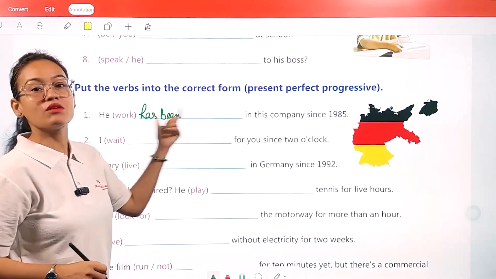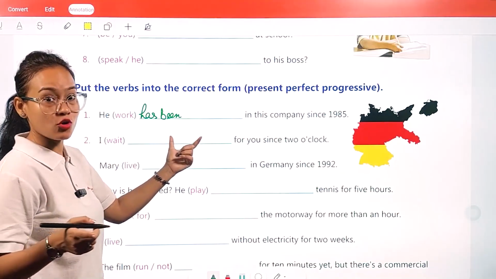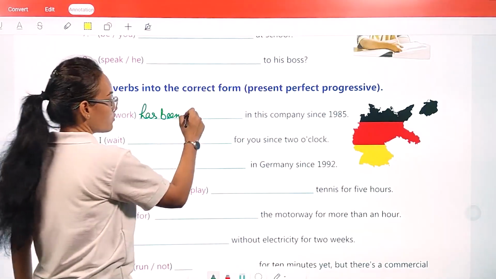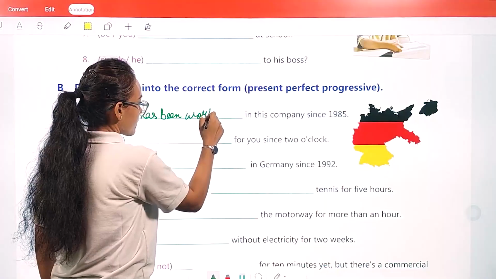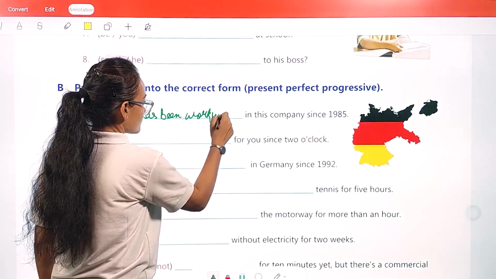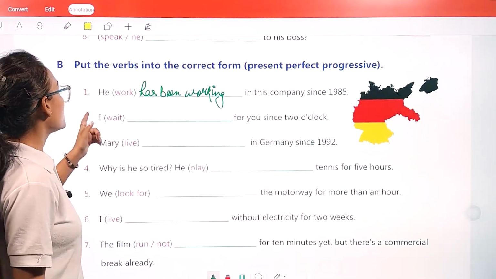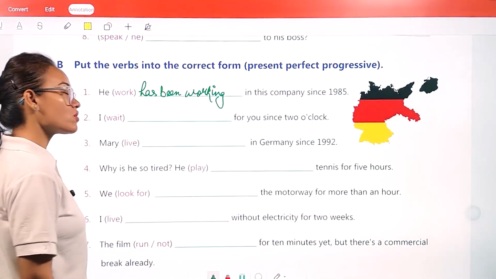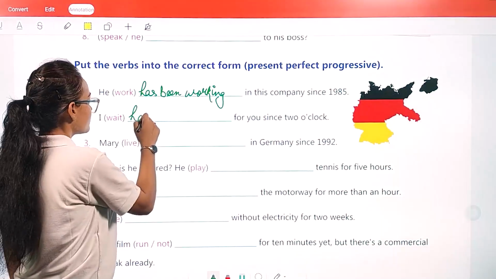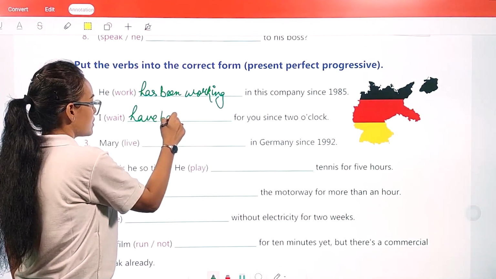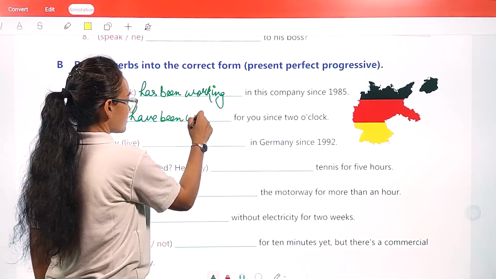This is a continuous progressive, so the ing form of the verb. He has been working in this company since 1985. Now, I wait for you since 2 o'clock. I have been waiting.